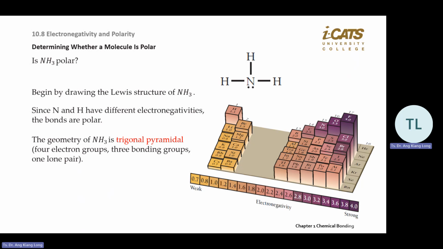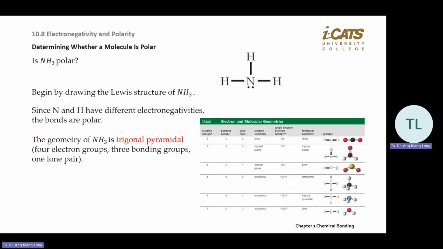So the electron geometry is tetrahedral, and the molecular geometry is trigonal pyramidal. You're able to read the table already, as in tutorial question 6.3. Okay, so this one I showed you already.